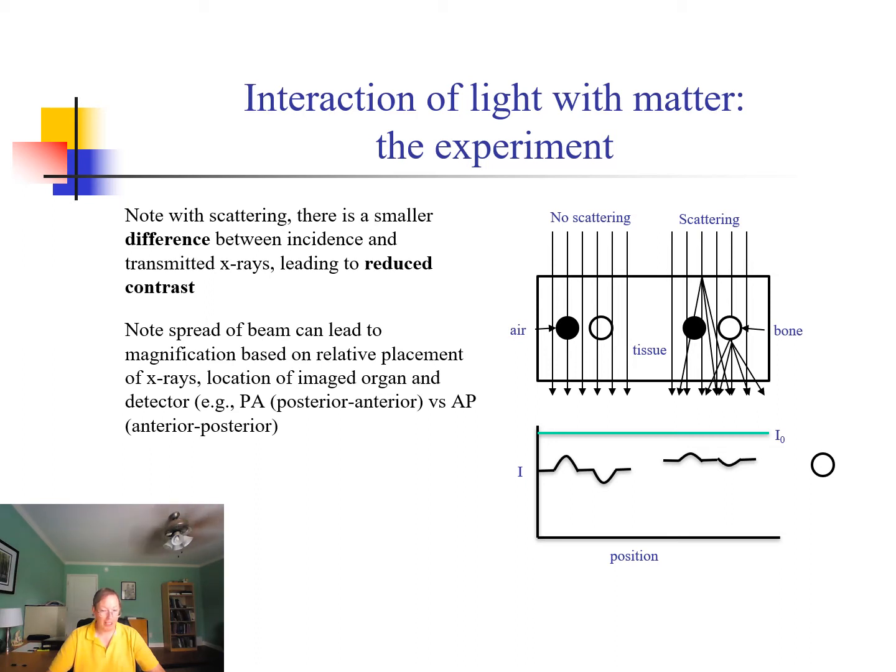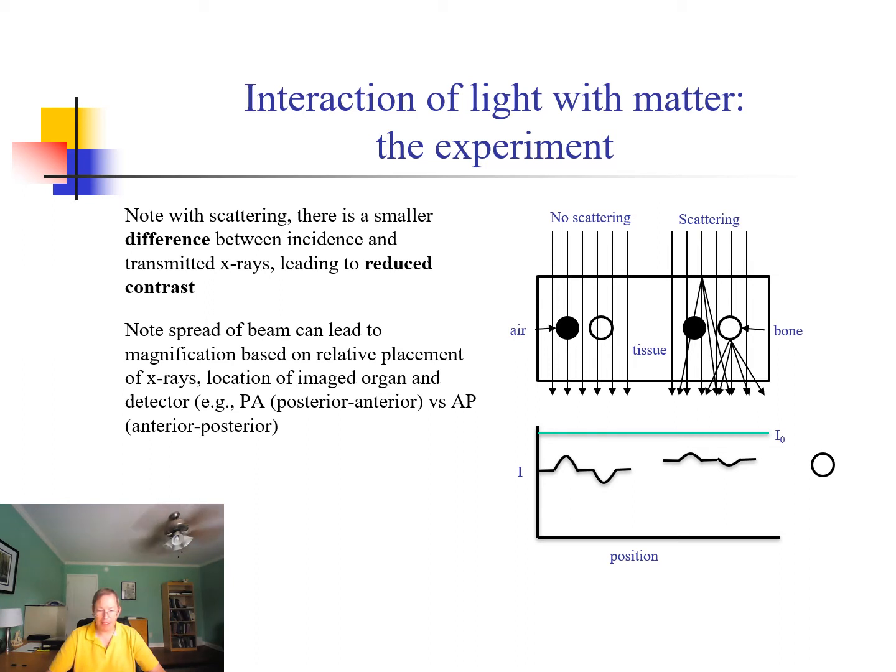Now, that's not life. Life has these complexities, including scattering from Rayleigh as well as Compton scattering. So if I look at the X-rays passing through the tissue, and I've drawn just some of them, they will be scattered by the tissue or can be scattered by the bone. And as they do that, the beam tends to spread out.